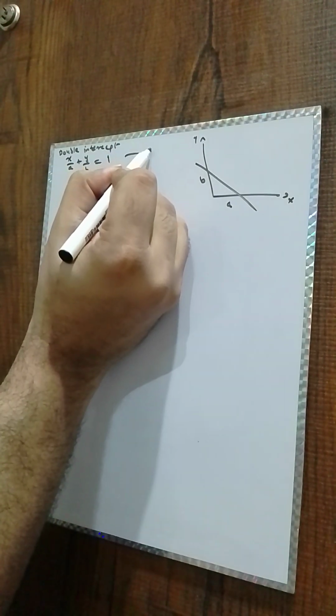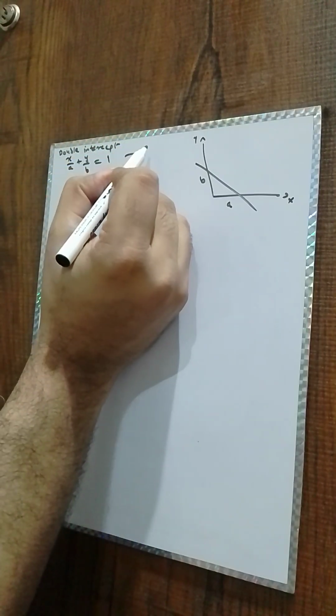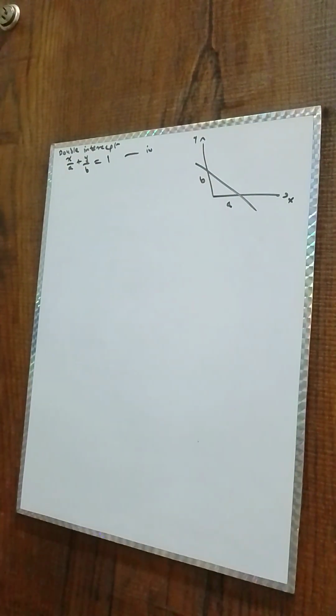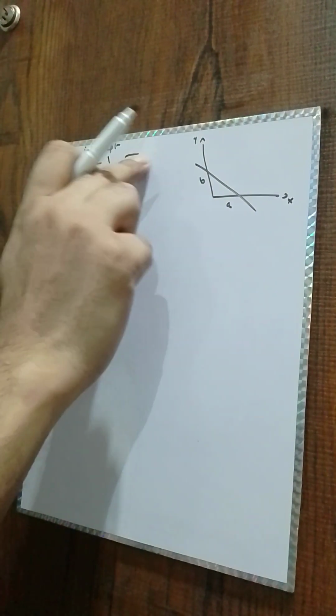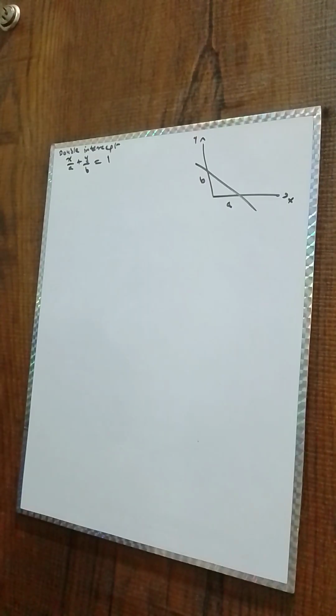So this is the double intercept form. Let's call it the form 4. And let's not number it. It's there as it is, and we will not derive it today.